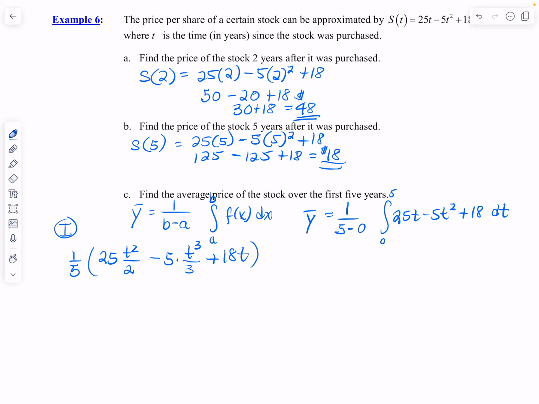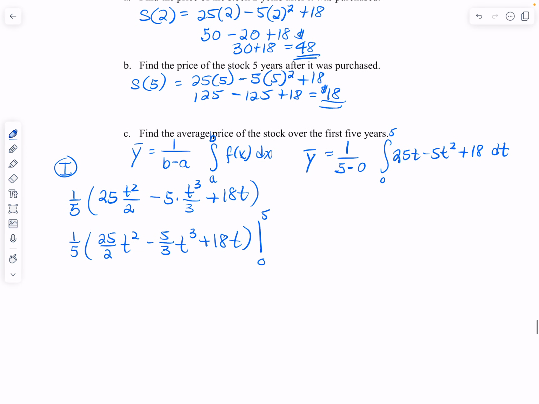So this becomes 1/5 times 25 halves t squared minus 5/3 t cubed plus 18t. And I'm taking that from 0 to 5. I'm going to work with f of b first. I'm going to leave the 1/5 hanging out here and plug in 5.